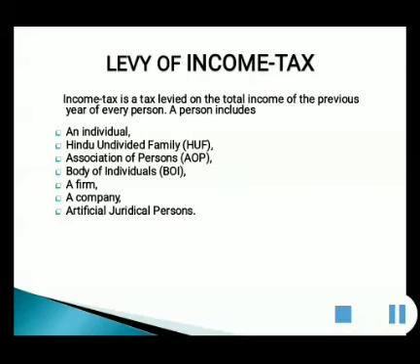A person includes seven elements: first, an individual; second, Hindu undivided family; third, association of persons; fourth, body of individuals, that is BOI; and a firm, company, and artificial judicial persons. So we have to levy the income tax on these persons.